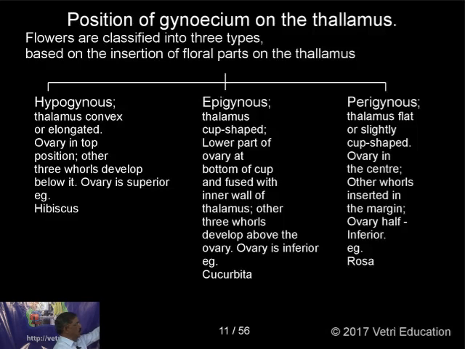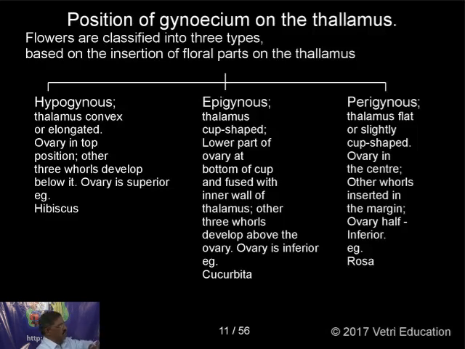The floral parts are arranged below the gynoecium. The gynoecium is in the topmost position, so the ovary is called superior. The thalamus is convex or elongated, the ovary is in top position, and the other 3 whorls of floral parts develop below it. Example, hibiscus. So remember, in hypogynous the ovary is in the topmost position.